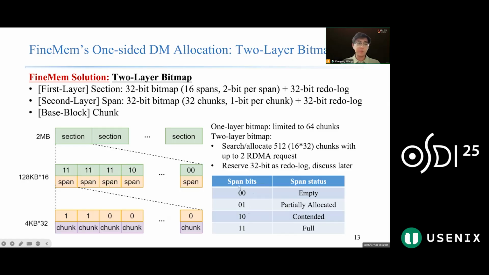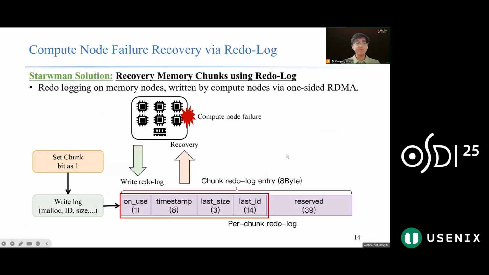With this setup, FineMem can search and allocate up to 500 chunks with at most 2 RDMA requests.